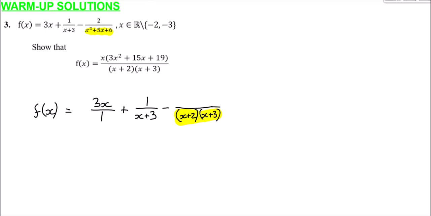So, I'll put the numerator in as well. That was a 2, of course. I could get this middle fraction to have the same denominator as the last if I multiplied the denominator again by x plus 2. But if I do that to the denominator, I need to do the same to the numerator. Over here, this 1 doesn't match at all. So what I could do is I could take this 1 unit and multiply by both these brackets by x plus 2 and by x plus 3.